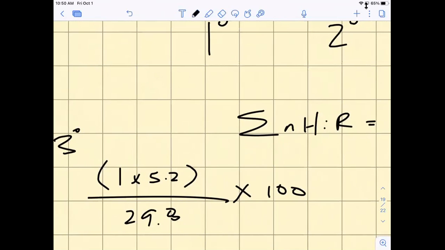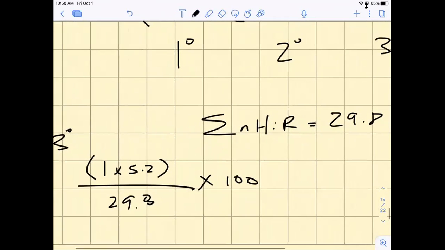It's going to be somewhere about 11 or 12%. Anybody got it? We're at 17.4%. Yeah, that's what I got as well. That's about right.